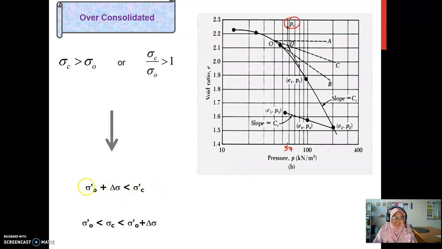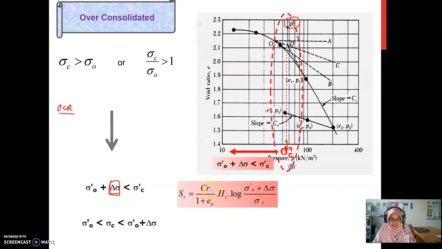We need to compare what our stress naught is. Previously we already did the calculation of OCR. The next step is adding the design stress and comparing again with the pre-consolidation pressure. If it is lesser, it means we can decide, so you can use the simple equation but with the CR.